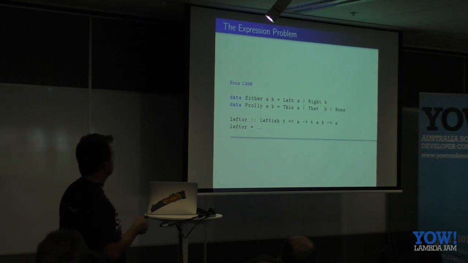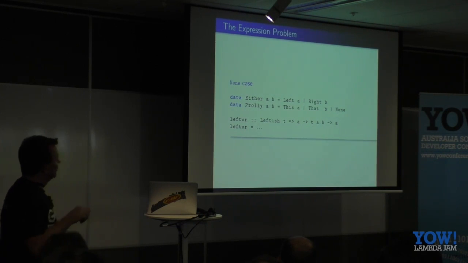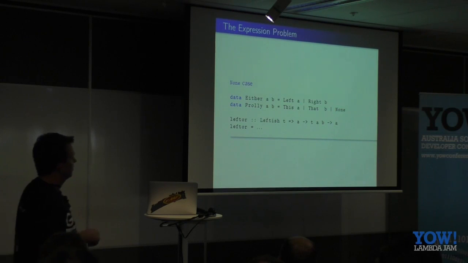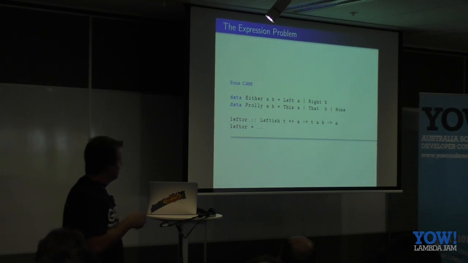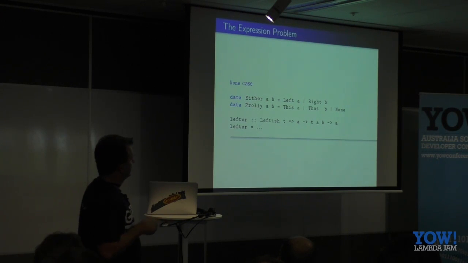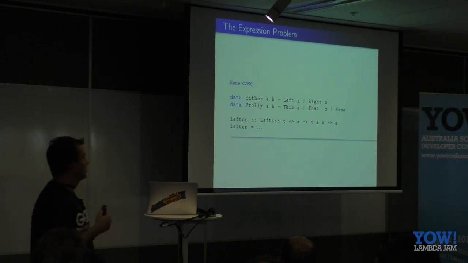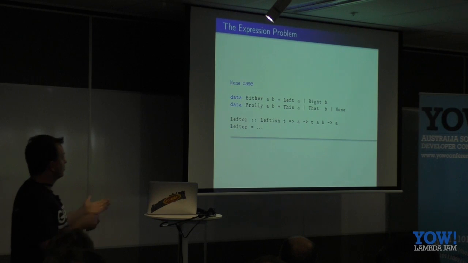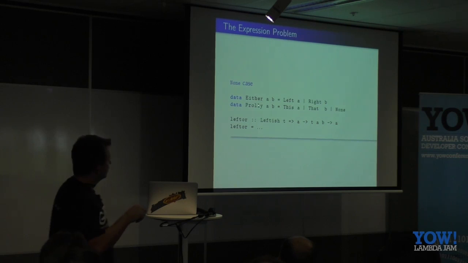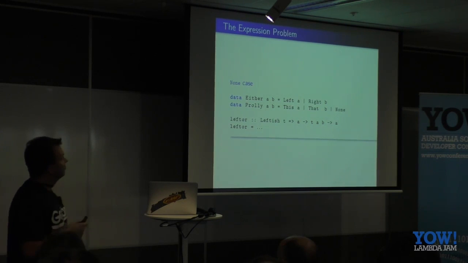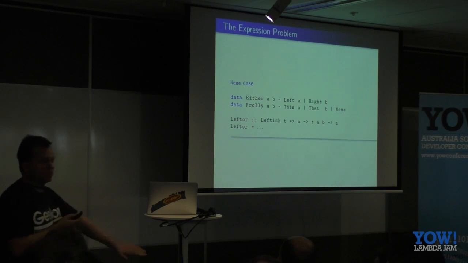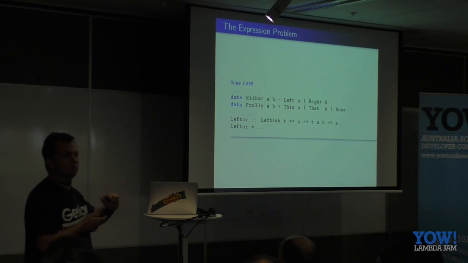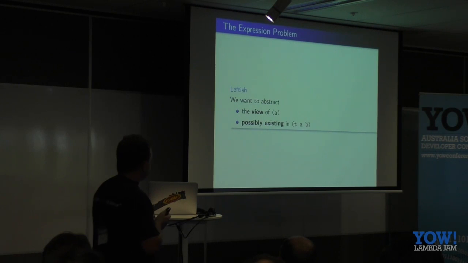So these are the two versions of Either. There's the regular one and there's another one which I've called Proly. And we kind of want this abstraction here, called HasLeftish, that takes A and then the leftish thing of A and B to an A. Once we've written this function, we can keep writing these data types such as Either and Proly and so on without having to update our functions such as leftOr.